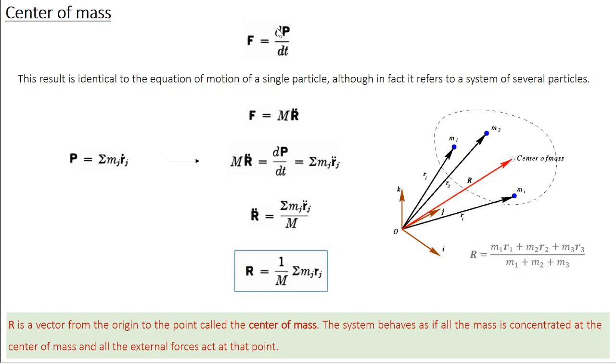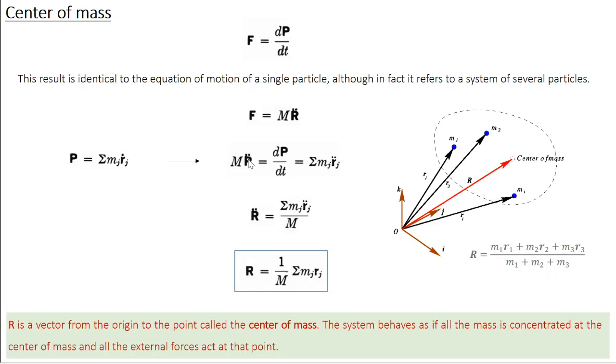Now we know that P is the total momentum of the system, which I can write as summation over j mj vj, or summation over j mj rj dot. Now if you club these three results together, I can write M r double dot equals dP by dt, writing down P in terms of mj and rj dot. So when you take the derivative, this becomes summation over mj rj double dot.